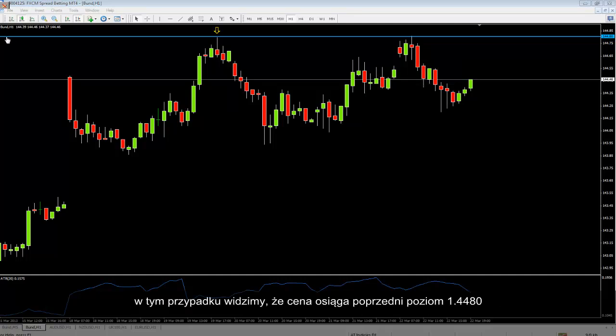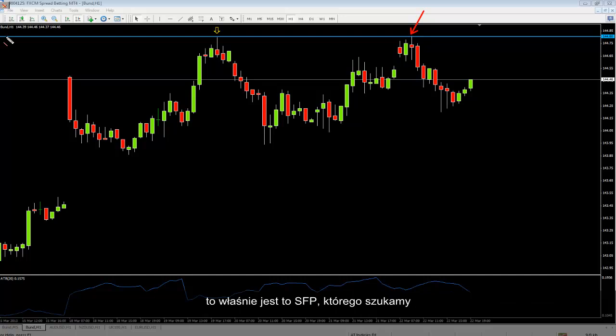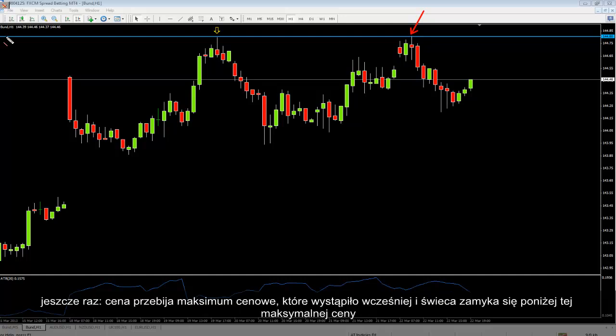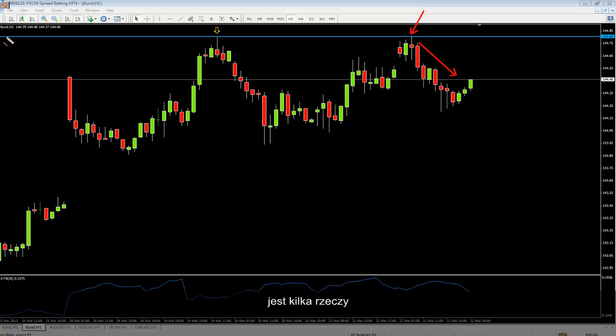What we can see here is that the market breaks that area. It actually only breaks it by a tick. We trade up to 81s there, and then the market closes beneath the former high. That is your swing failure pattern. So the market breaks a high and it closes beneath it, and it's a bearish pattern, and we are looking for the market to move down at this point here.